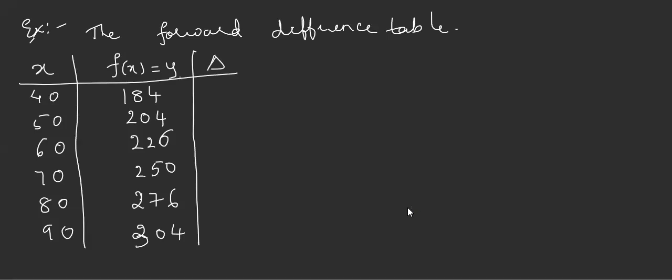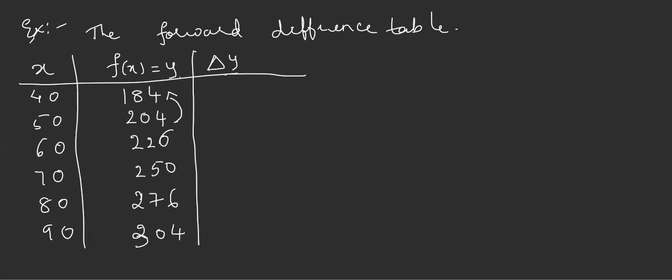Now construct delta y, which is called the first forward difference. How to take it: 184 minus 204 or 204 minus 184? The difference is next minus that.